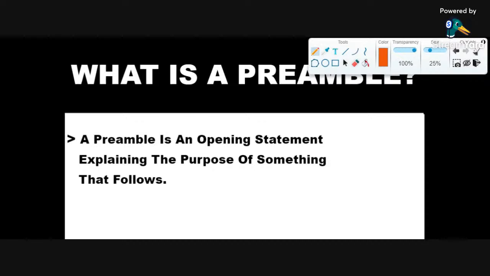You are asked to summarize in a given number of sentences. And take note of this: in all WAEC summary questions, whether it is WAEC or NECO or any other examination body, they always state their requirements quite clearly.